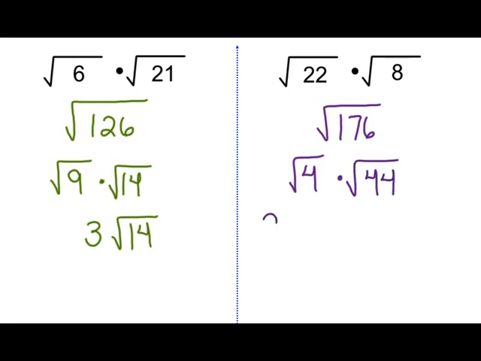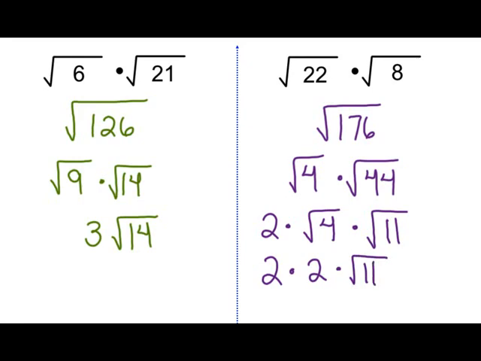The square root of 4 is 2 times, well, 44 is 4 times 11, so the square root of 4 times the square root of 11. The square root of 4 is 2, so it's 2 times 2 times the square root of 11, which is 4 square roots of 11.